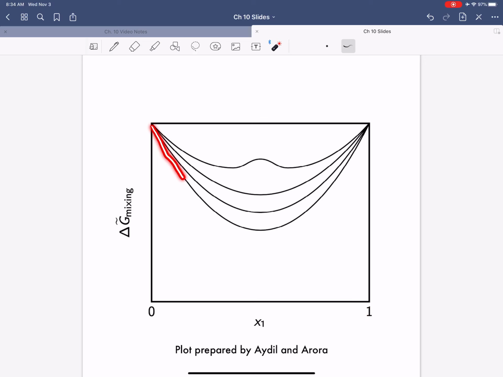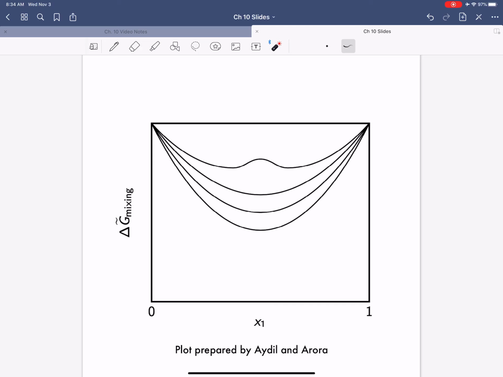We also see that as we go towards a mole fraction of 0.5, delta G mixing becomes more negative until it reaches a minimum at about 0.5. That's the sort of shape that you would expect for delta G mixing as a function of the mole fraction.